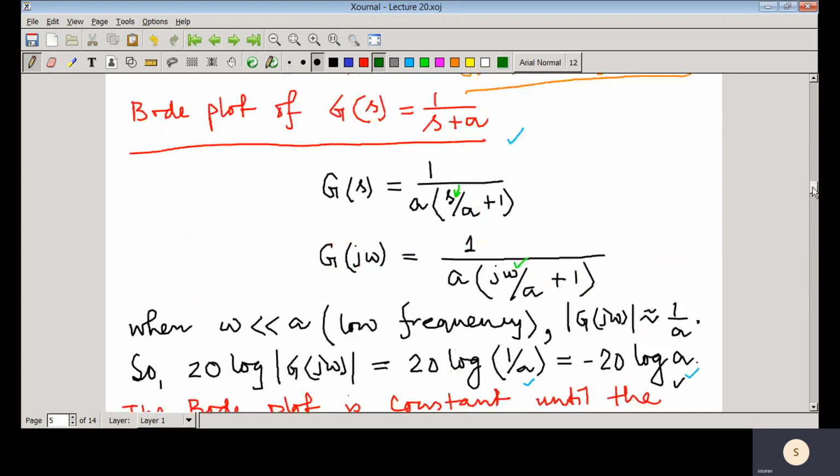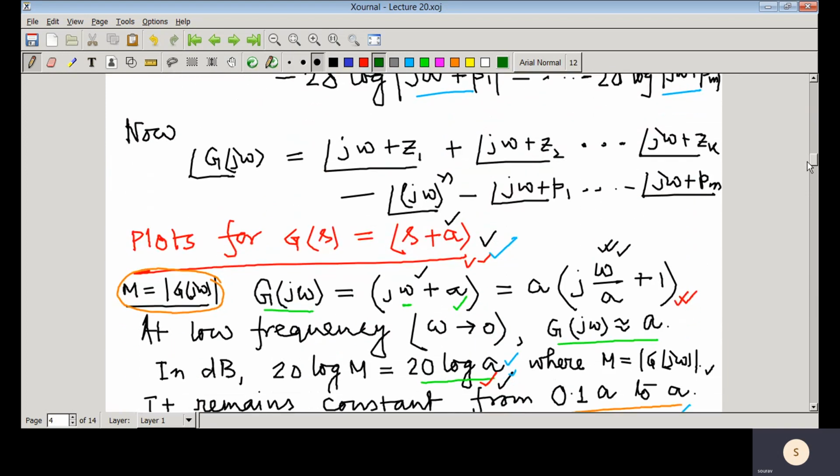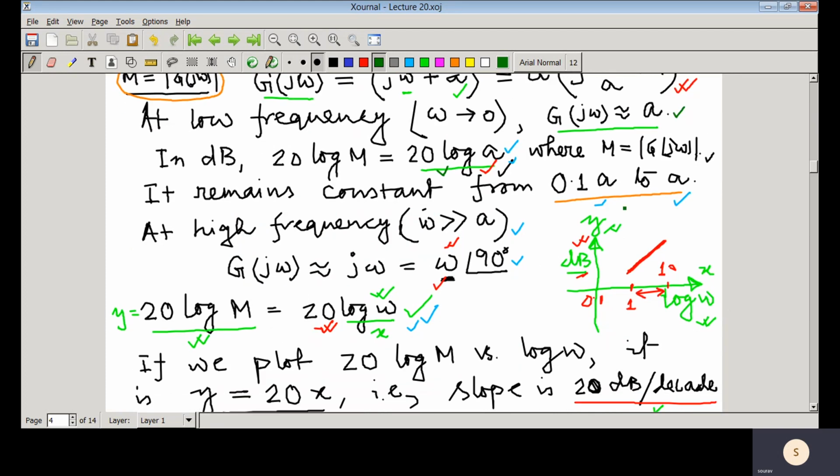And we can see that for the first one, that is s plus a, in the low frequency, a is the corner frequency, and from 0.1 a up to a, it is 20 log A. Here A equals 2, so that is 20 log 2, and 20 log 2 is nearly equal to 6 dB.